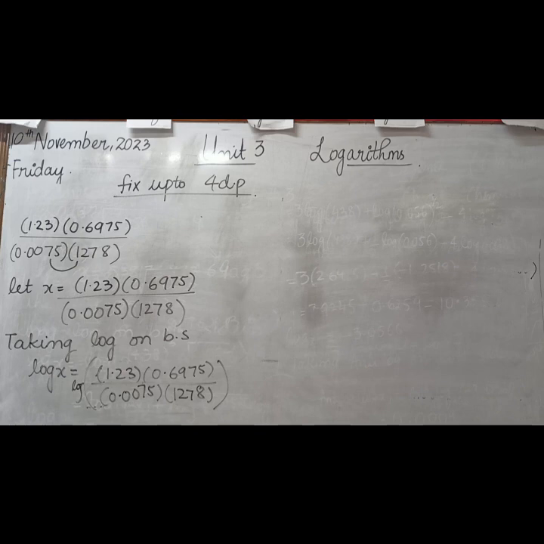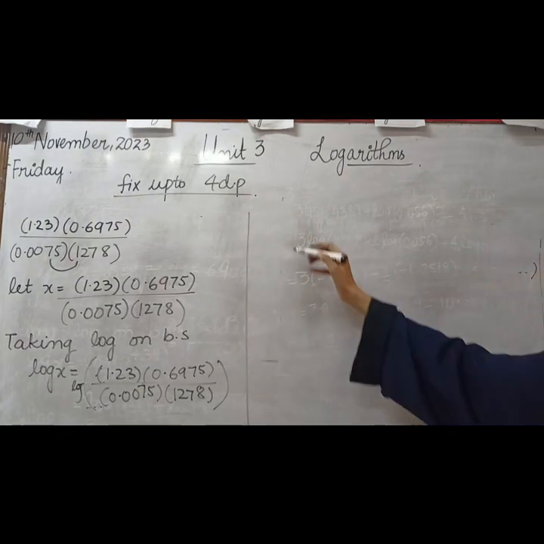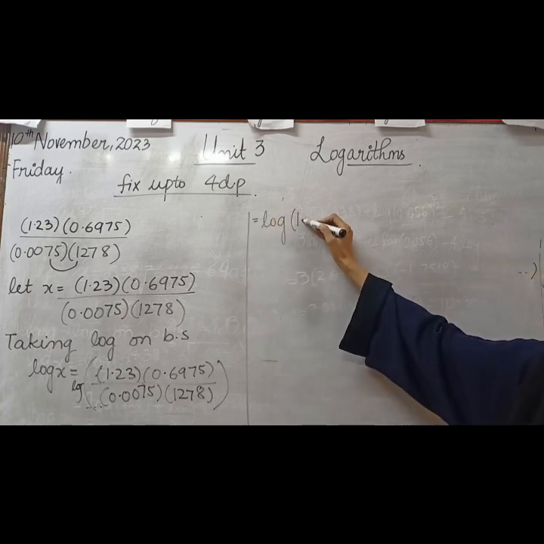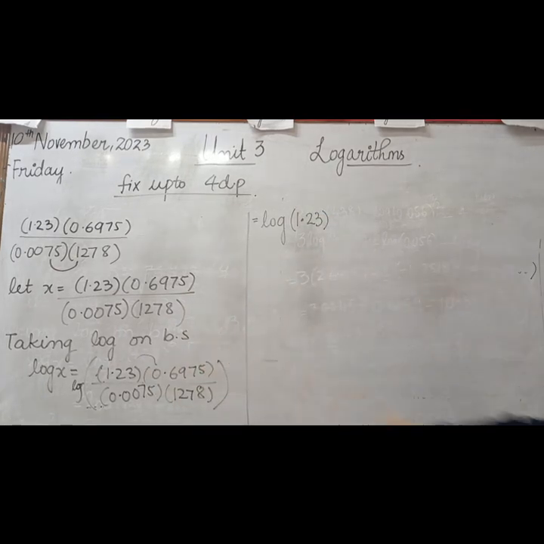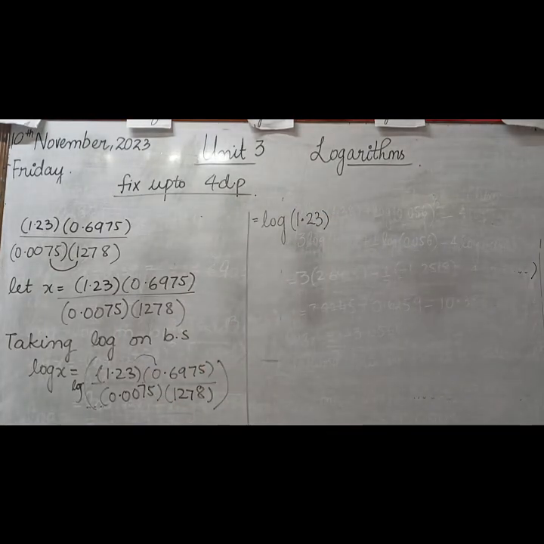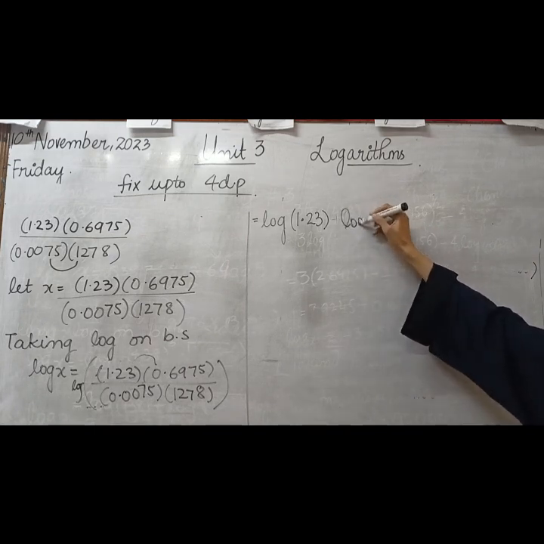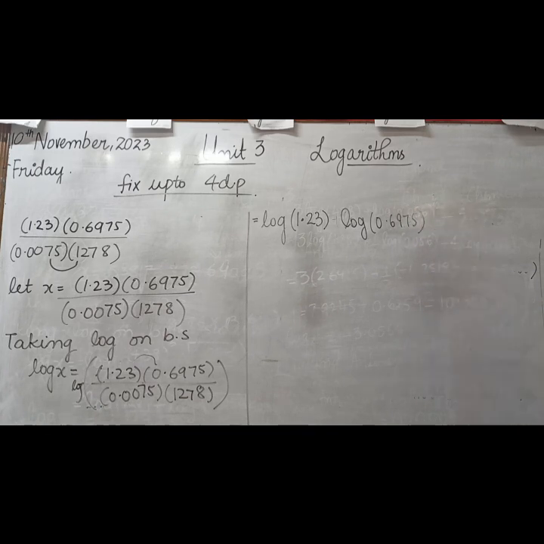Then in the next step, you will apply the laws, which is the very important step. Log of 1.23, you can see they are multiplying, so they will convert into a positive sign. 1.23 plus log of 0.6975. What will we do for the denominator?